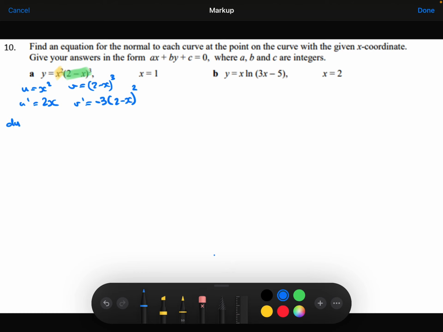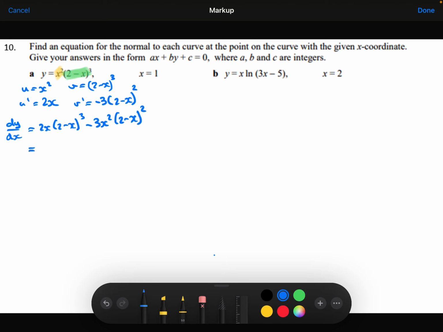Right, applying the product rule then. U dash times V plus V dash times U. So this is my gradient function.